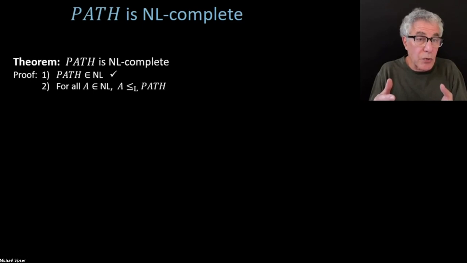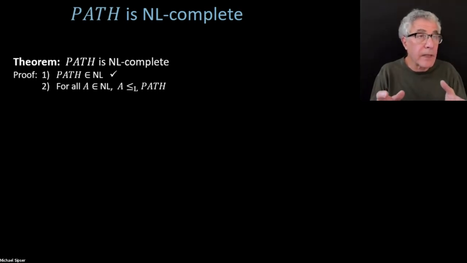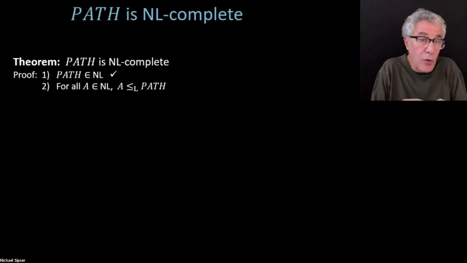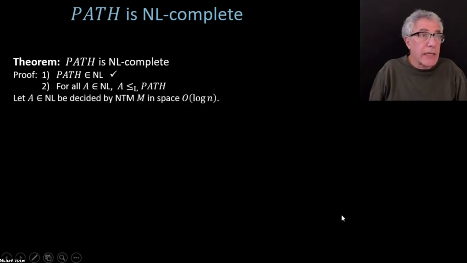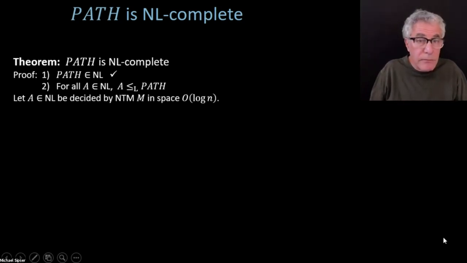And so it's really the same idea that says that path really captures any NL machine. The computation of any NL machine really can be seen as a path problem, where the nodes are the configurations of the machine. Let me just try to go through that if that wasn't super clear, which I'm not sure it was.